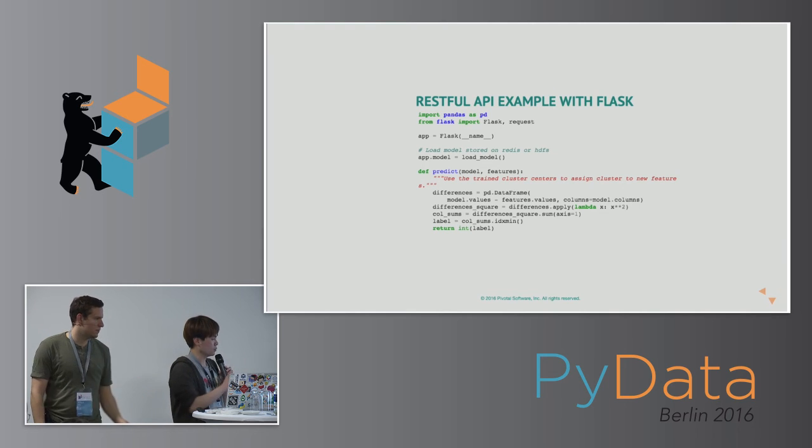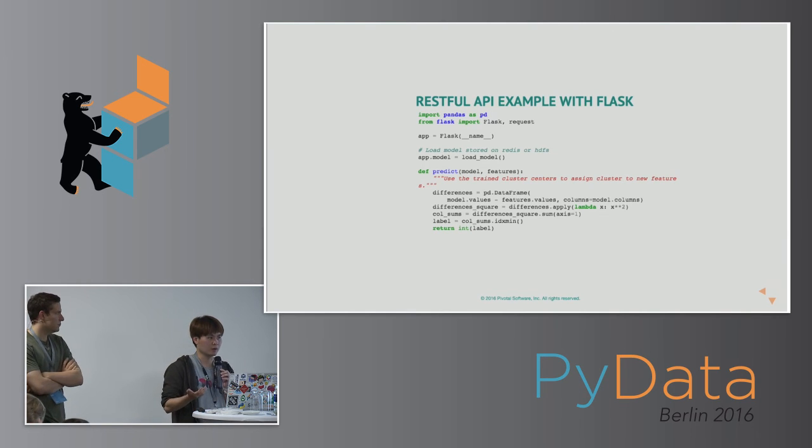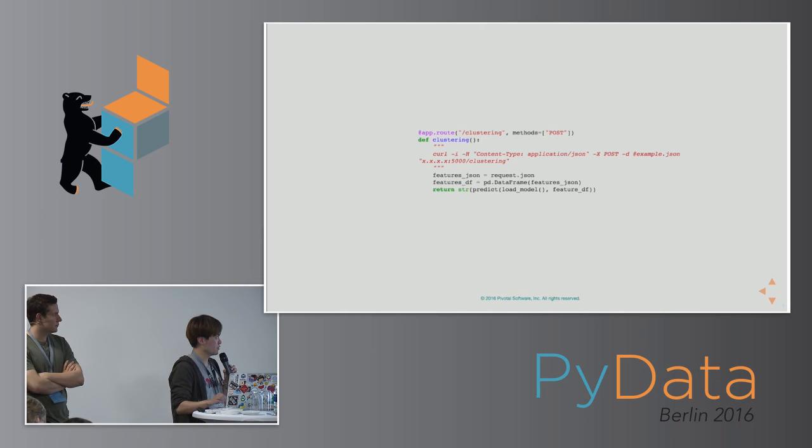In this example, we train our model in PySpark, then we store it on Redis, or you can also do it on HDFS, and then we write a predict function to make use of this model. This is a very simple post method that we use to post the data, and then we import it from the request, and then we use the predict or assign clustering function to get the labels.